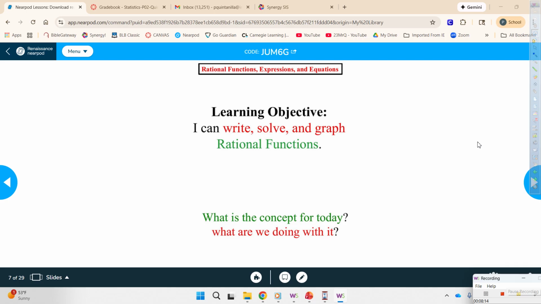So before we continue, remind your neighbor, whenever somebody says rational functions, what are 2 critical attributes that come to mind? What 2 things do rational functions need to have? Tell your neighbor, please.